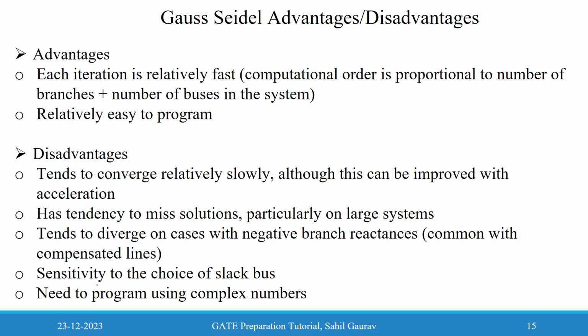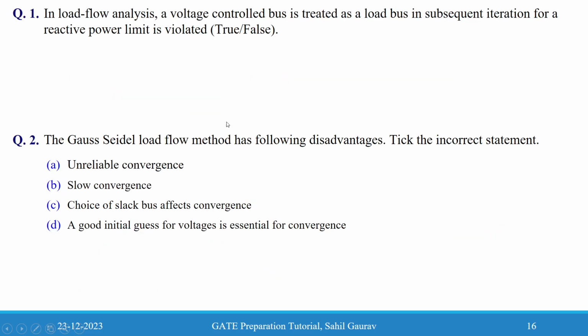The disadvantage is that it tends to converge relatively slowly, although this can be improved with acceleration. It has a tendency to miss solutions, particularly on large systems. It tends to diverge on cases with negative branch reactance, common with compensated lines. It is also sensitive to the choice of slack bus. It needs to be programmed using complex numbers. So the advantages are that each iteration is relatively faster and it is relatively easy to program.